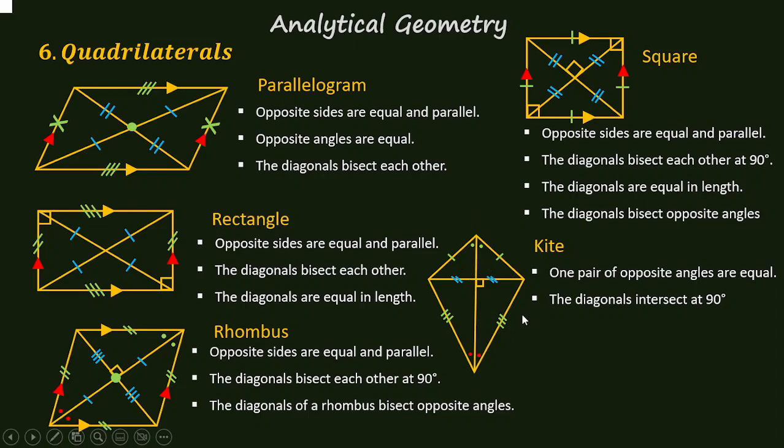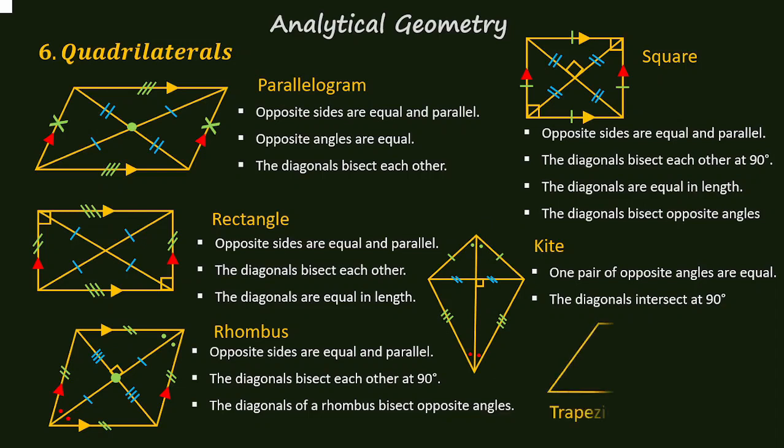So this is not equal to that. But the longer diagonal bisects the shorter diagonal at an angle of 90 degrees, so this would be equal to that. And most of the properties can be seen from the structure. The longer diagonal bisects the opposite angles, and that's what you need to know about a kite.